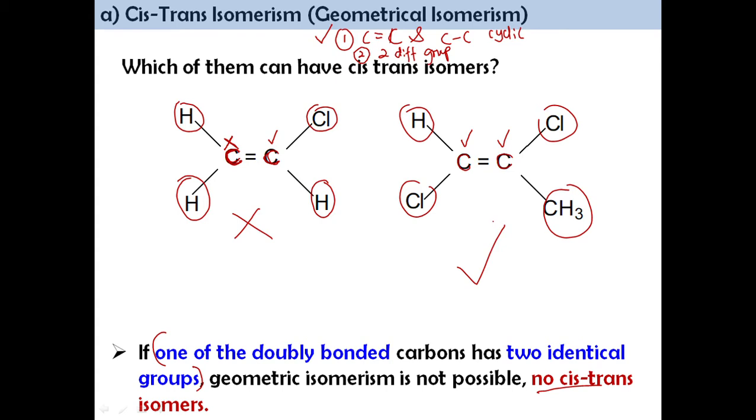Okay? So, saya nak awak nampak dekat sini untuk cis-trans isomer. Okay, first cari C double bond C ataupun cyclic compound. Lepas tu tengok different group. Okay, so kalau different group boleh buat cis-trans isomer. So, kita dah belajar macam mana kita nak tentukan boleh ke tidak produce a cis-trans isomer.